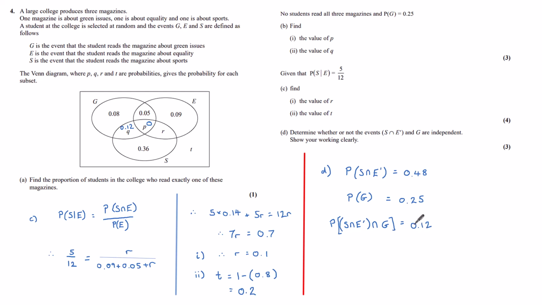So now we need to compare this with these two values multiplied together. So the probability of S and not E multiplied by P of G. So 0.48 multiplied by 0.25, which is also 0.12. And since these two values are equal, S and not E and G are independent events.